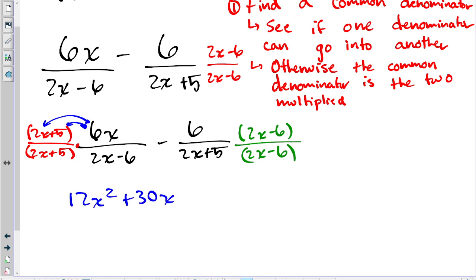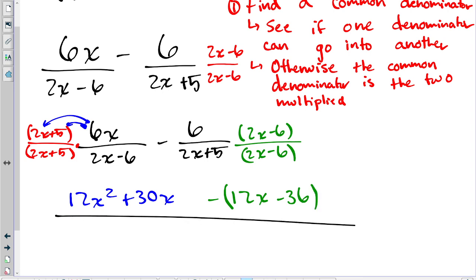And then on this side, I'm going to get 2x times 6 is 12x, and negative 6 times 6 is minus 36. And I'm subtracting it, right? So I'm subtracting all of this. My denominator is now the same. It's just these two things multiplied, which is just 2x plus 5 times 2x minus 6.